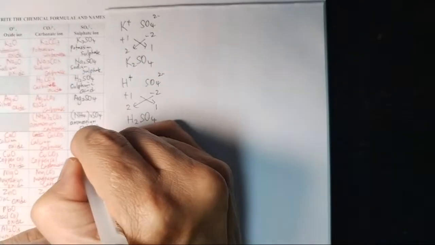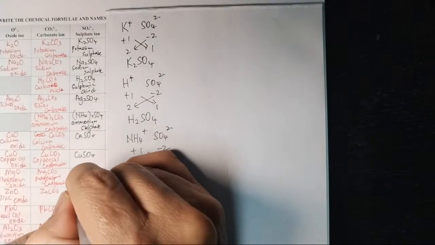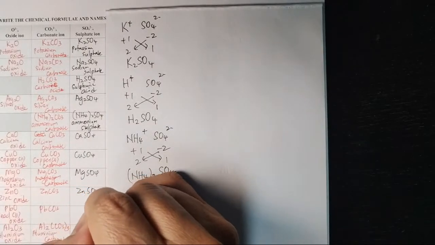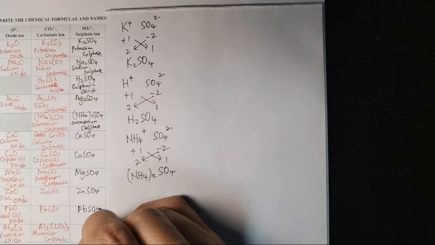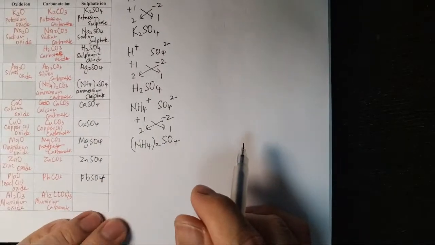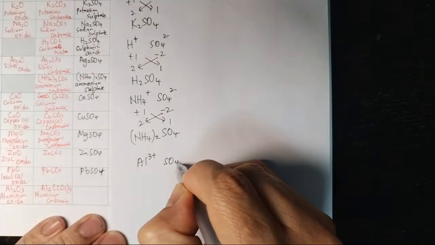Okay. Then calcium sulfate, copper 2 sulfate, magnesium sulfate, zinc sulfate, lead 2 sulfate. Okay. Then aluminium sulfate. Okay, aluminium sulfate.